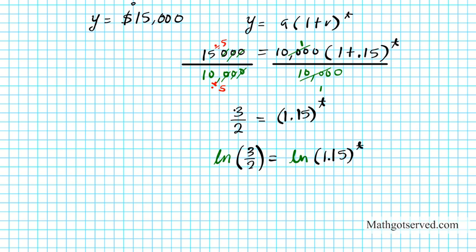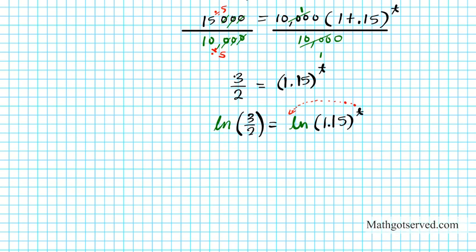Well, that gives me the power to take advantage of the power property of the logarithm, that enables me to power down the exponent, so this power comes down. Alright, so we're going to have the natural logarithm of 3 over 2 equals t times the natural logarithm of 1.15.